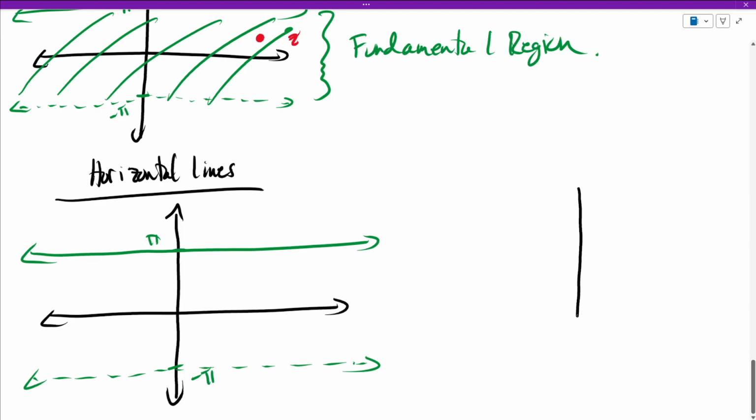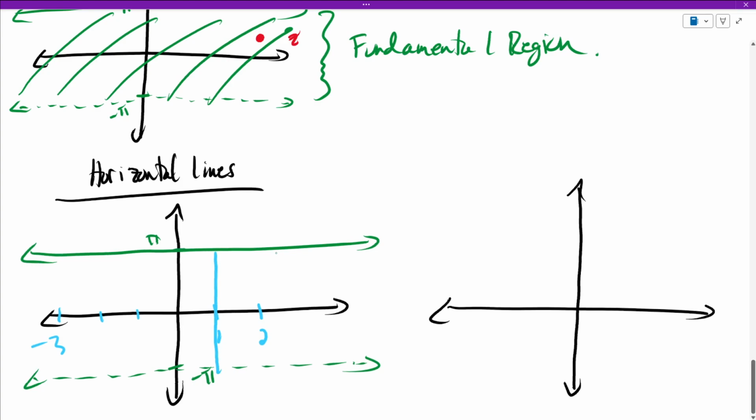We want to know what happens to horizontal lines. So let's mark some values here. Let's mark maybe, I don't know, 1, 2, -3. And we're going to draw horizontal lines with constant real part at 1, 2, and at -3. All right, let's call this L1, L2, L3. So the question is, what does it do to those lines?